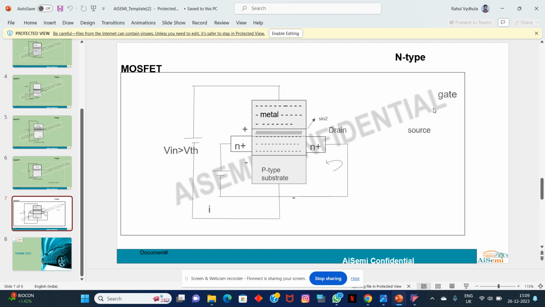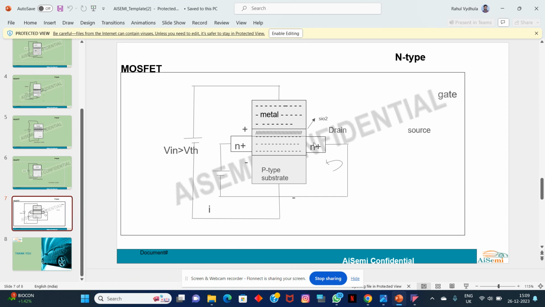At the gate, we apply positive voltage. Electrons of the metal will attract the positive voltage, then the metal will be charged positive. In the P type, the charge carriers are the electrons. Metal and P type attract each other.